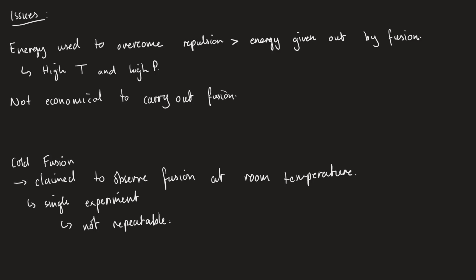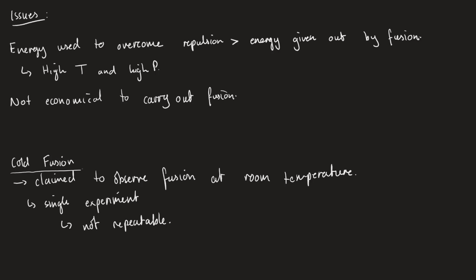If this thing is not repeatable during the same thing, it must mean that either something in their experiment went wrong and they read an incorrect positive result, or they just lied because they would get money out of that. Now, nobody really knows what happened, but it is common for them in exam questions to kind of ask you about this cold fusion as a way to get 1 or 2 marks, to ask about why is this an example of why the scientific community needs to repeat experiments or something like this.